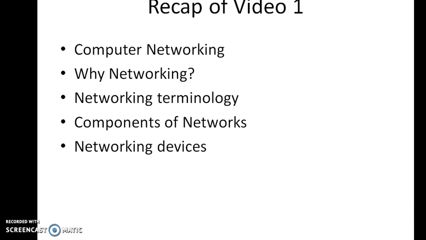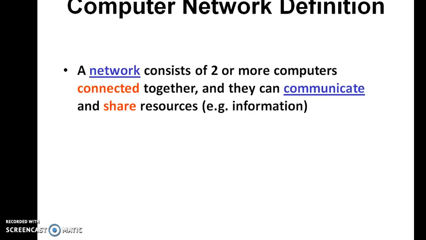Just try to think. Yes, correct. One of them was physical media and devices, networking devices like router, hub, switches, etc. So that's a quick recap of what we have covered in video 1.